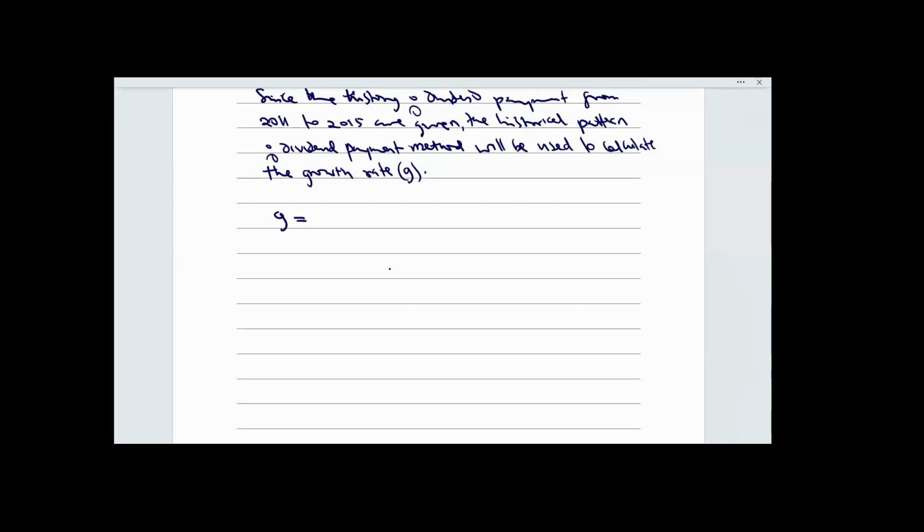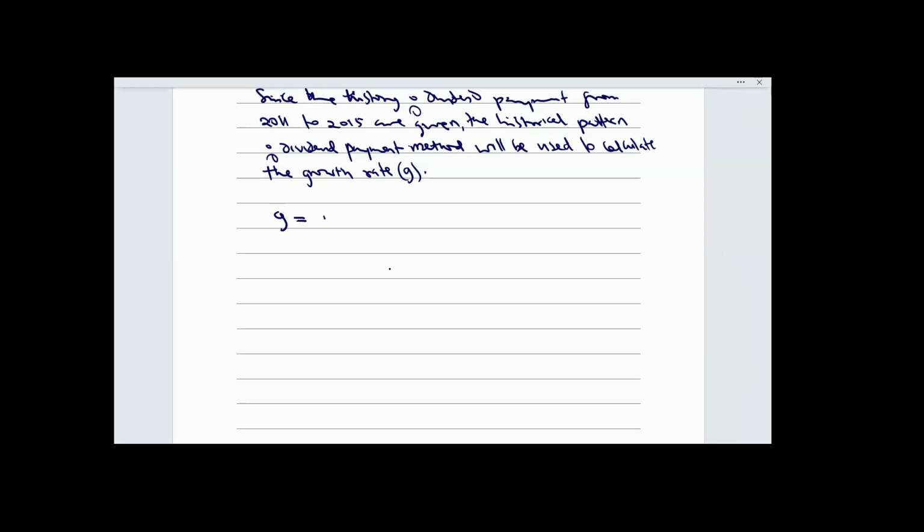But the second formula, which is N into square root latest dividend divided by dividend paid in the first year, all minus 1, should be used when the information on the first year dividend paid and the current year dividend are given. But in this particular question, the history of dividend payment from 2011 up to 2015 was given across all relevant years.